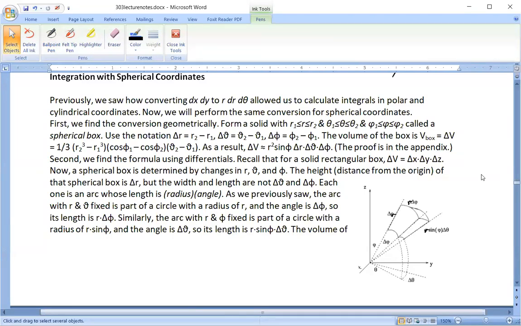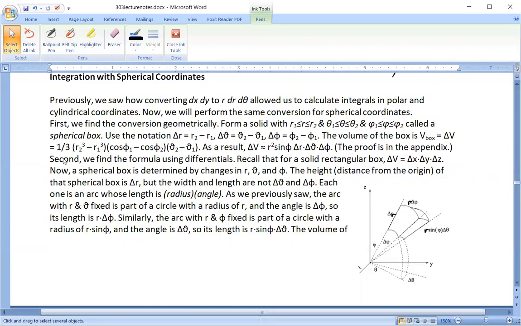Doing some calculations, and from basically the formulas for the volume of a sphere, we can reduce this down to delta V equals 1/3 times R2 cubed minus R1 cubed times cos phi1 minus cos phi2 times theta2 minus theta1.